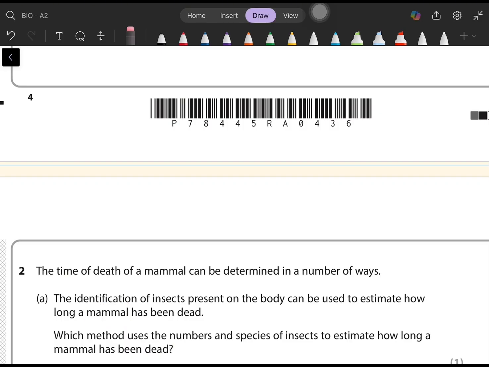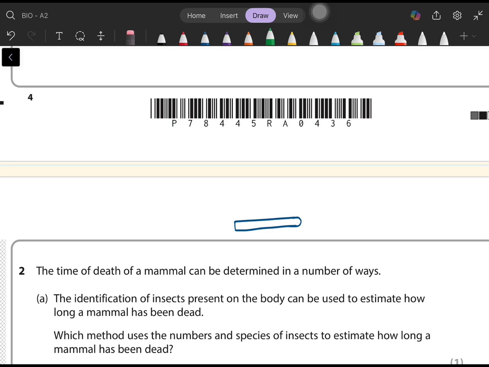So basically we're talking about forensics, right? And the process of forensics, in which we use insects to identify the time of death, is what we refer to as forensic entomology. So what we're trying to do is, suppose this is the dead body. Once this dead body has been exposed, it's going to attract different species of insects such as blowflies and so on.